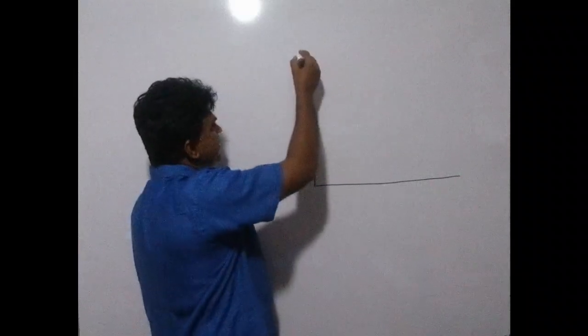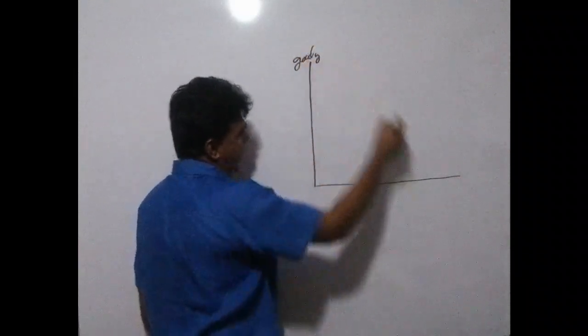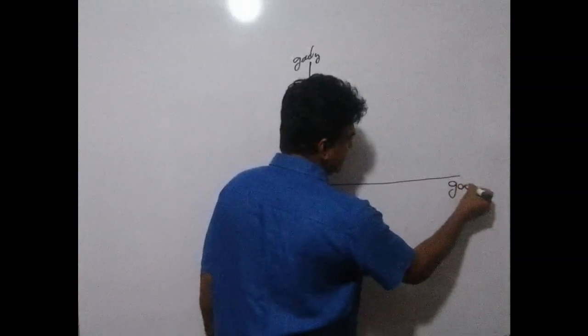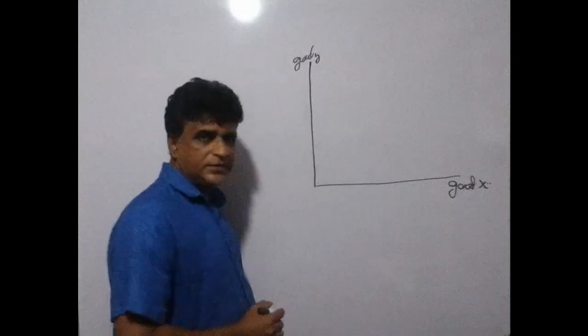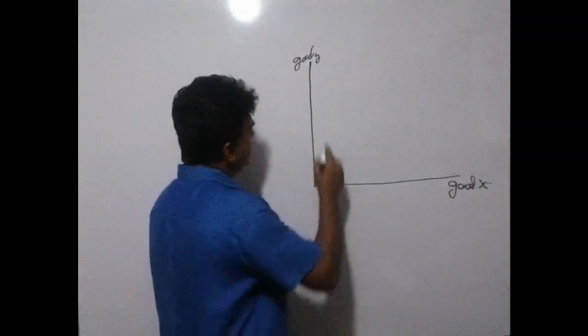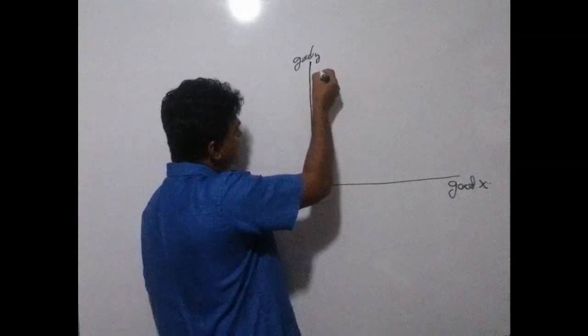We'll say this is good y and this is good x. Good y and good x. And I'm drawing one indifference curve here.